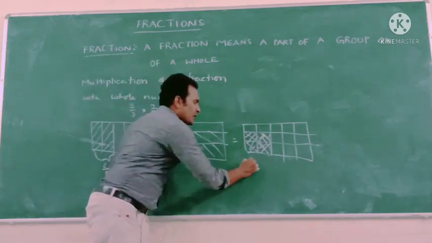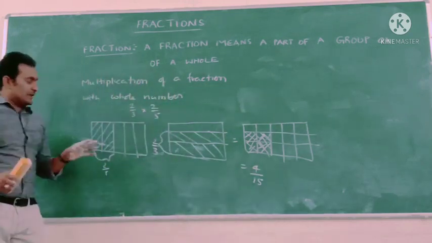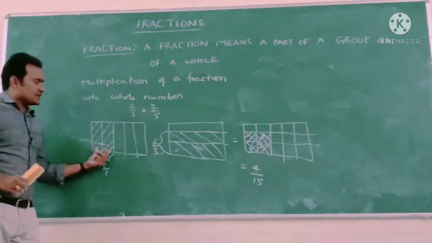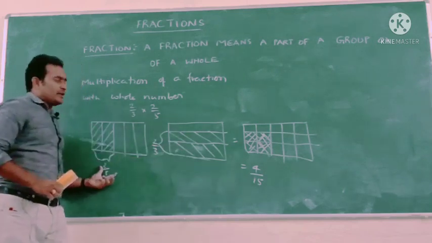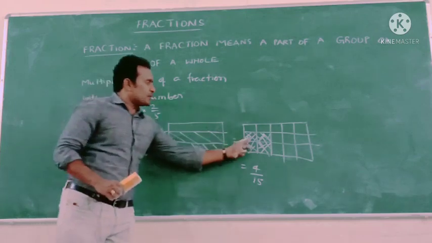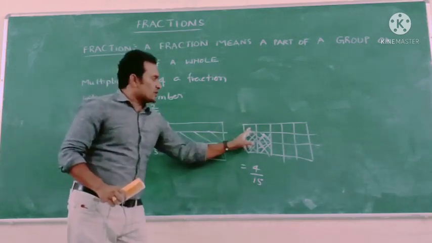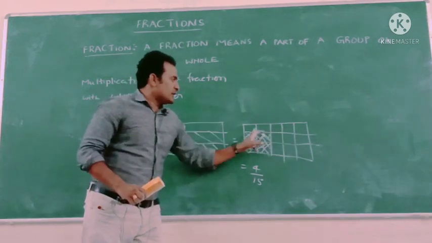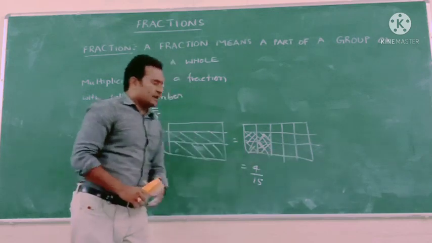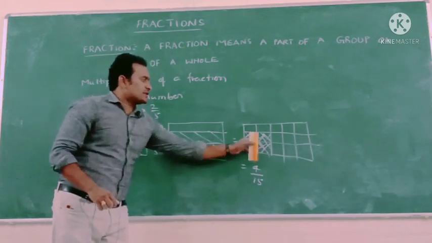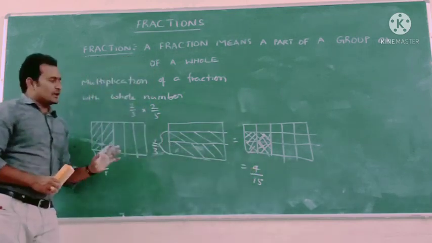This is called 4 by 15. Observe that this shaded part is 2 by 3rd and this is 2 by 5. If you multiply both of these, you will get 4 by 15. Counting the total boxes, 1, 2, 3, up to 15. How many total shaded parts do you have? 4 by 15.